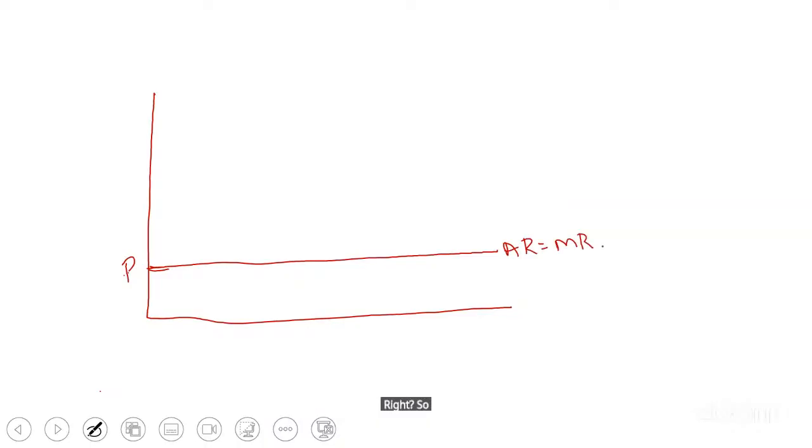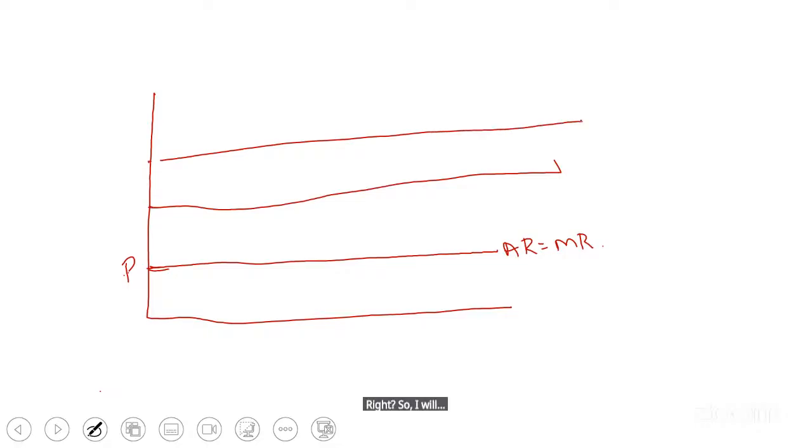So I will draw three price lines, P, P1 and P2.